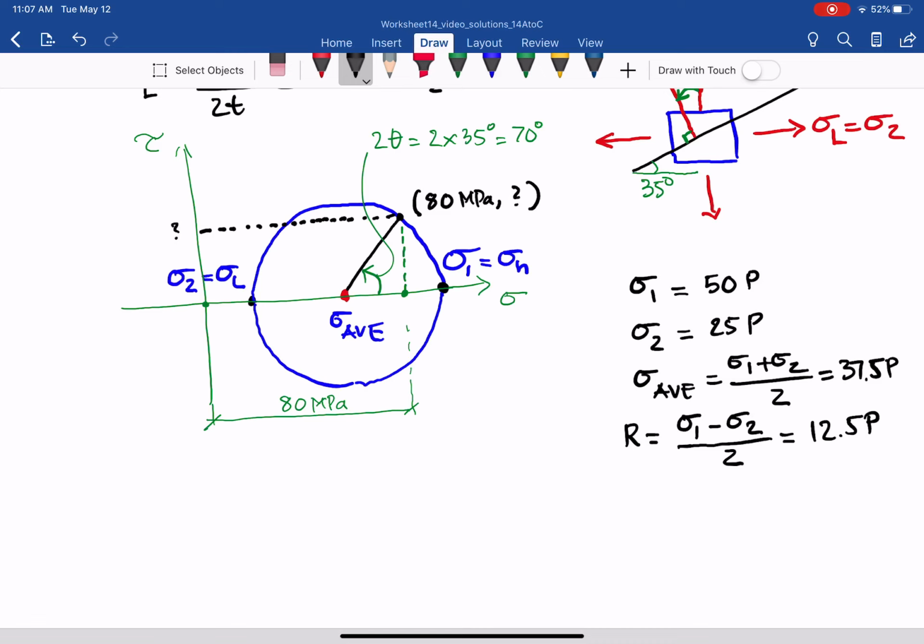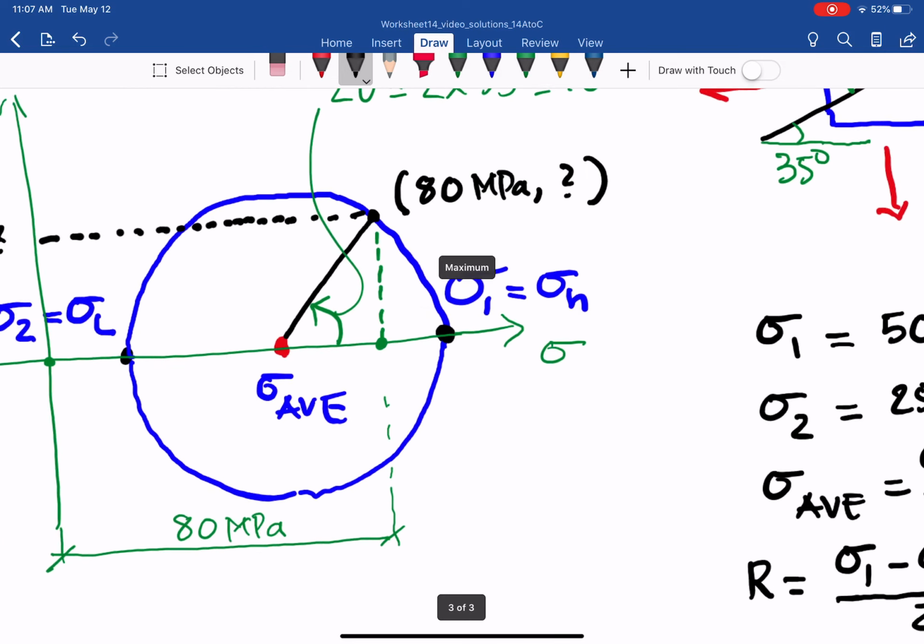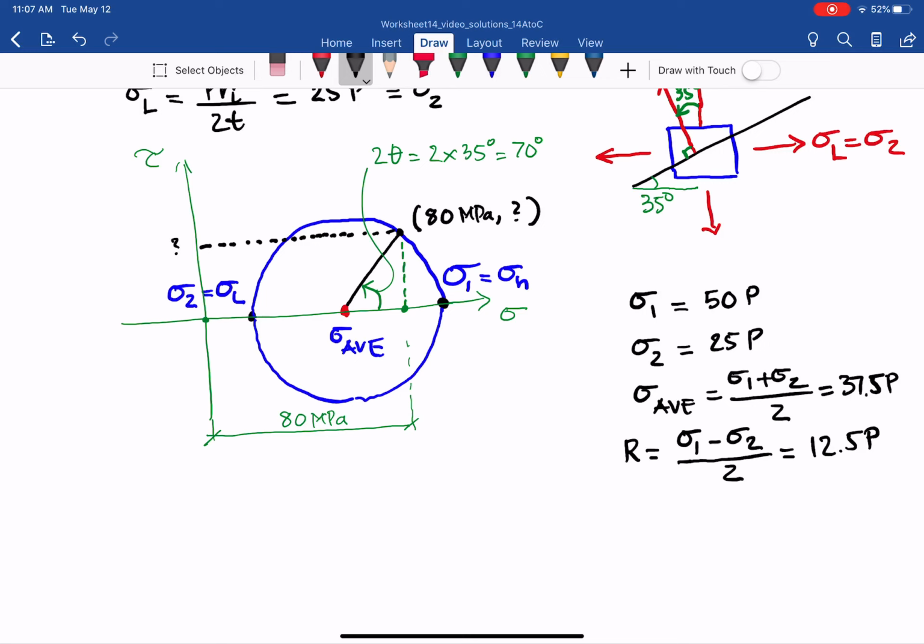So from that, what do we have here? We apply the triangle, and then you can see these components. What does that mean? It equals 80 megapascal minus sigma average, and this is the radius.